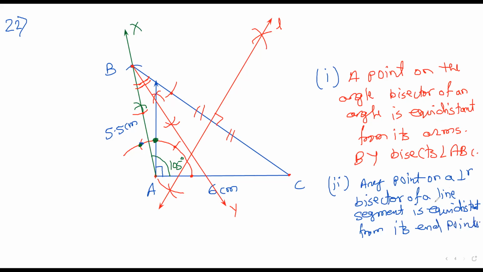Clear? That is nothing but line L, the perpendicular bisector of BC. Done, everyone? Yes, sir.